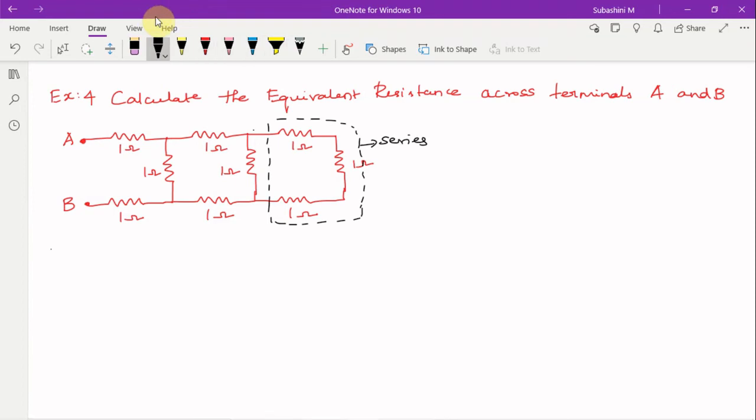The current that enters at this terminal is going to flow through all these three resistors and go this way. So the current through all these three resistors will be the same. Therefore, the three resistors are said to be in series connection. Therefore, we can add these three values of resistance and redraw the circuit as follows.